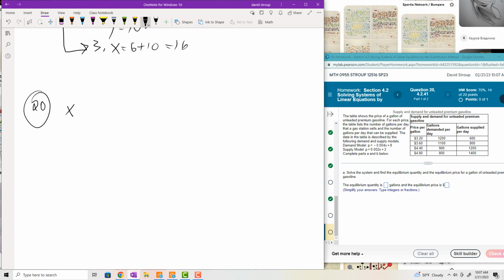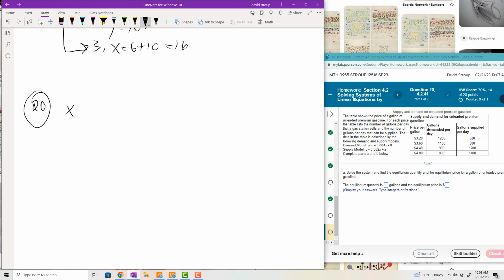For each price, the table lists the number of gallons per day that a gas station sells and the number of gallons per day that can be supplied. The data in the table is described by the following demand and supply models. Demand: P equals negative 0.004x plus 8. And supply: P is 0.002x plus 2.